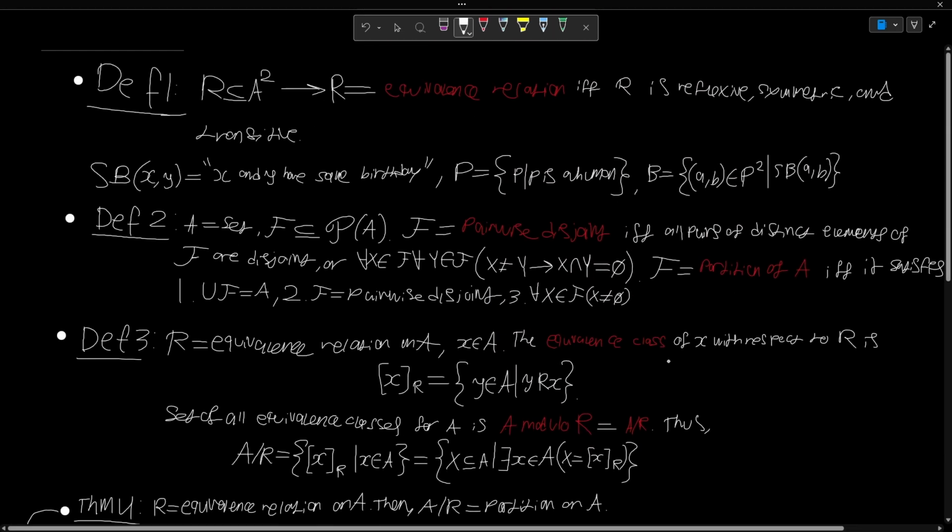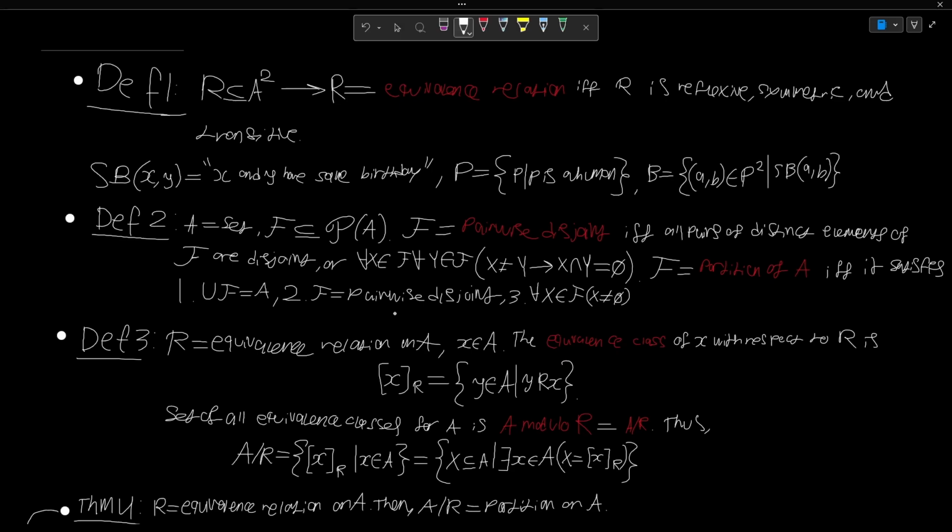So for the second one, we have to show that A modulo R is pairwise disjoint.